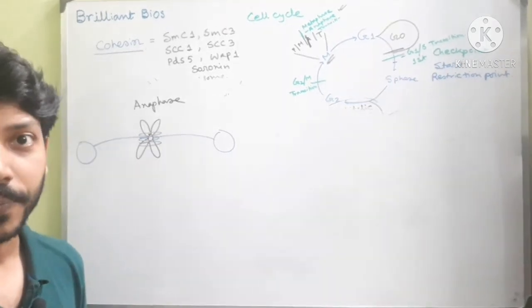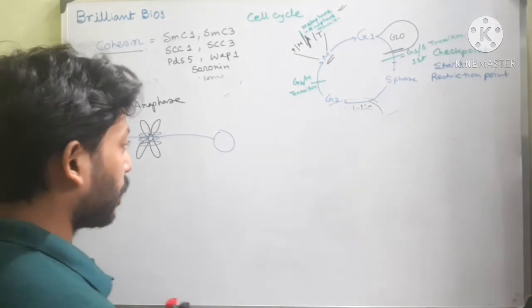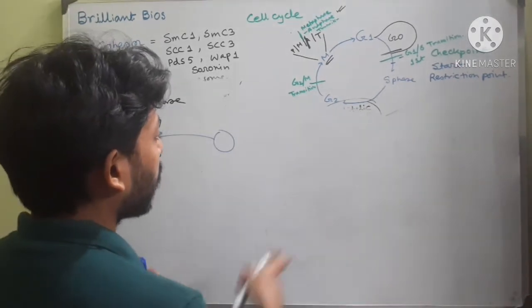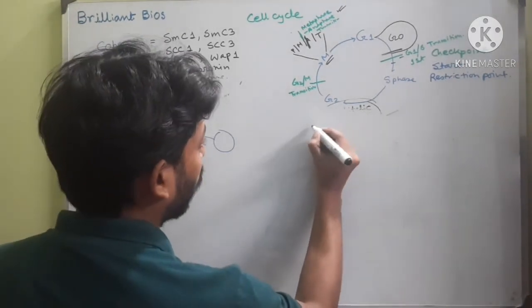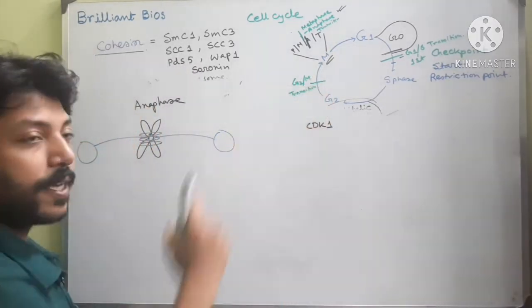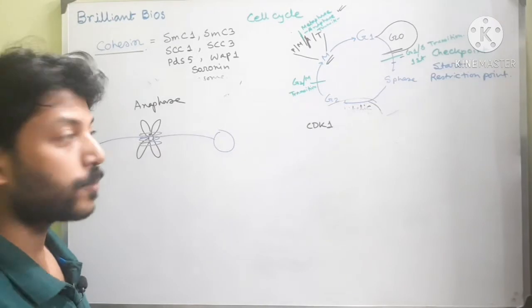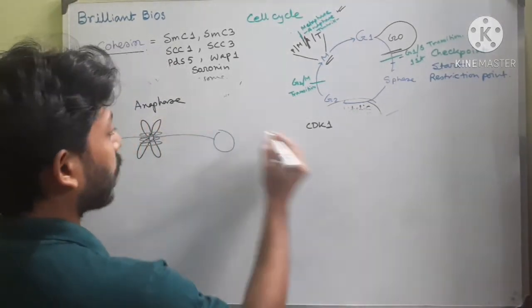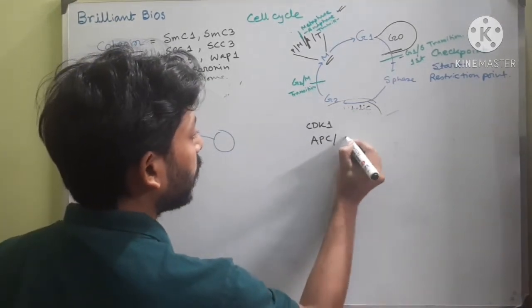So how does this occur? Here comes the role of the M-phase CDK, that is CDK1, and another important protein that helps in this phase called the anaphase promoting complex, APC/C.